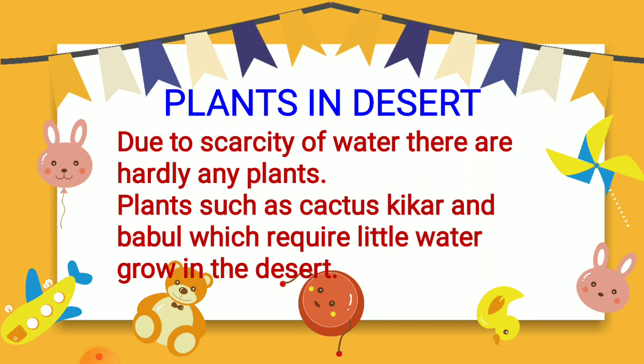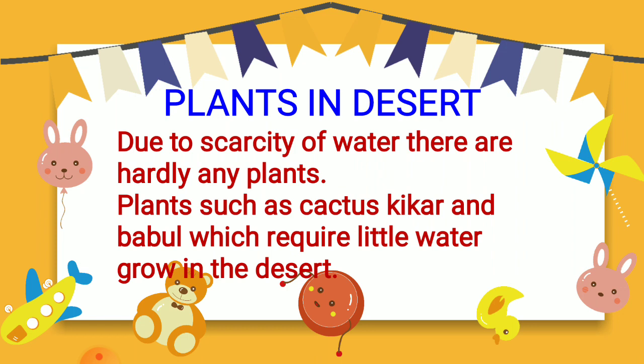Now let us discuss the special plants which grow in desert areas. As we studied earlier, in desert areas there is sometimes a little rainfall and sometimes no rainfall at all. So obviously there will be water scarcity. That is the reason you hardly find any plants there.